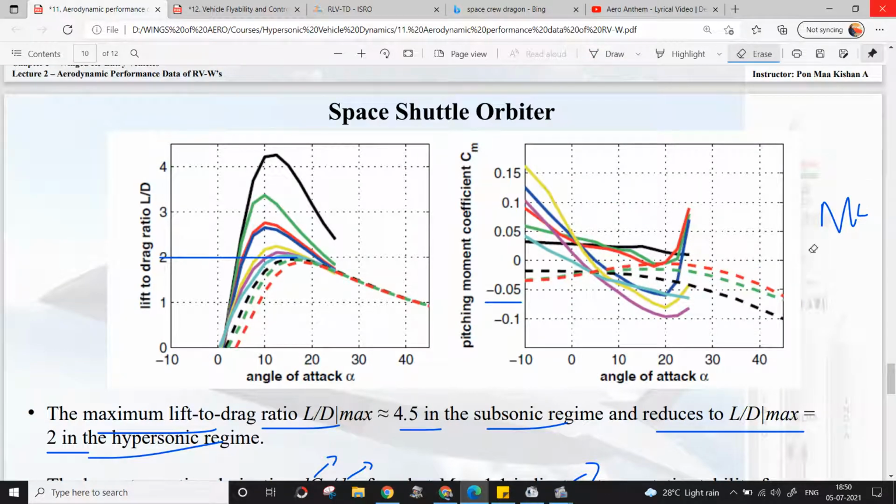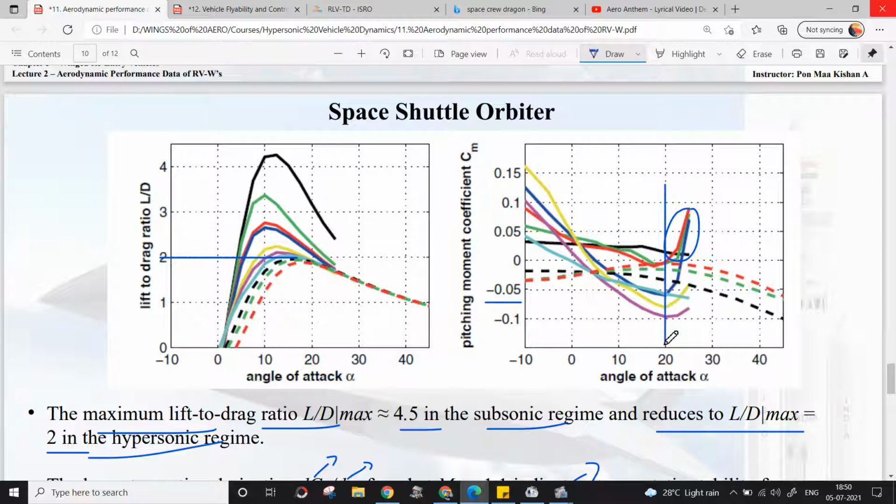Sir, at a certain angle of attack for different Mach numbers, the slope is increasing, no, sir? Here. Yes, at some point. So, will we use the angle of attack after that point, sir? Because the slope is negative up to a certain angle of attack only, no, sir? Yeah, in that region only we have static stability.